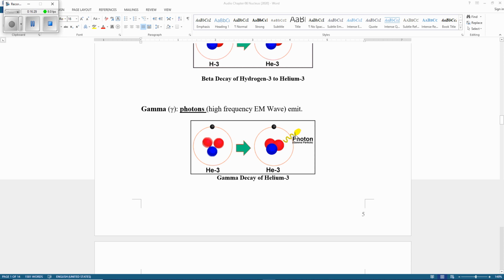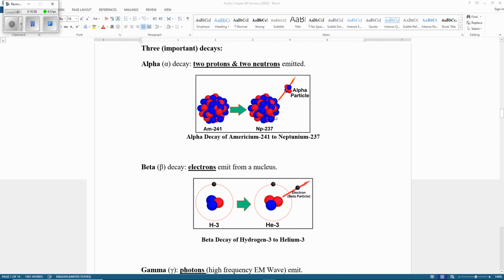The frequency is the same as or higher than X-ray. This kind of decay we call gamma decay. We can also call it EM waves or photons, wave nature and particle nature. So with gamma decay, you can see photons come out, or you can see EM waves come out, either way, photons or EM waves.